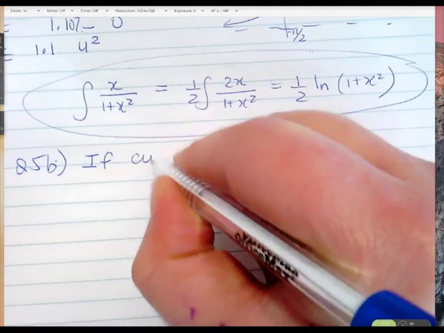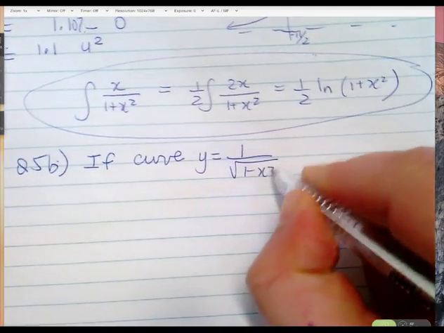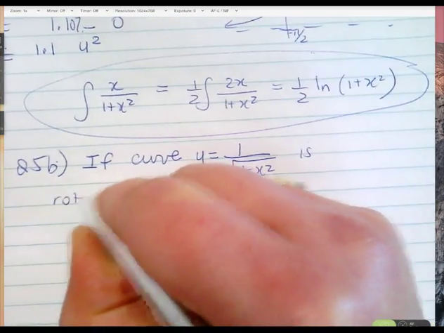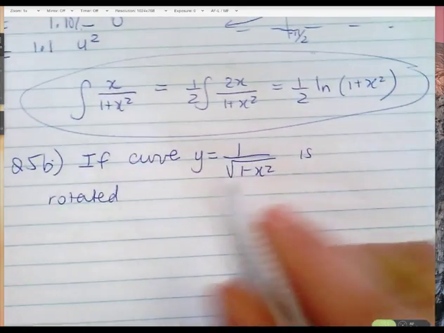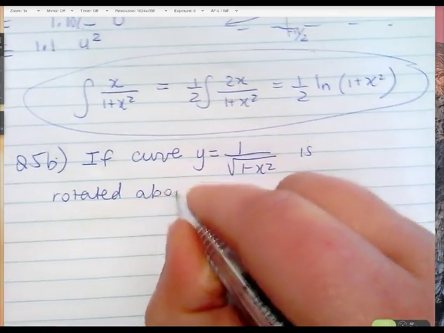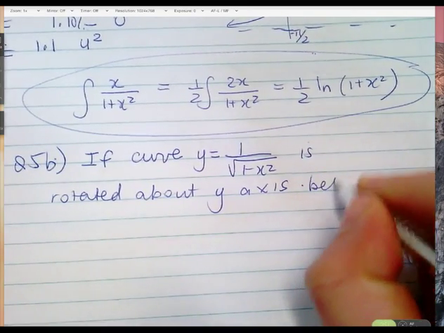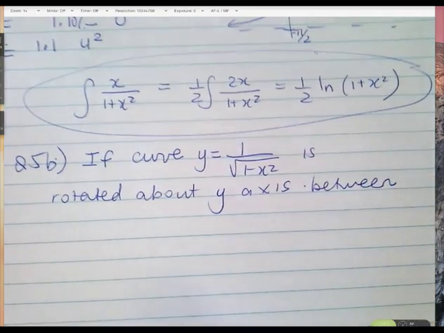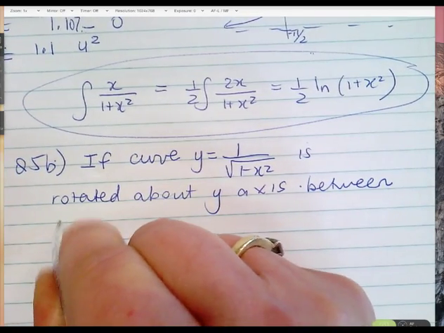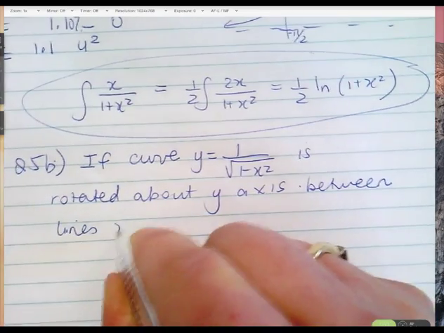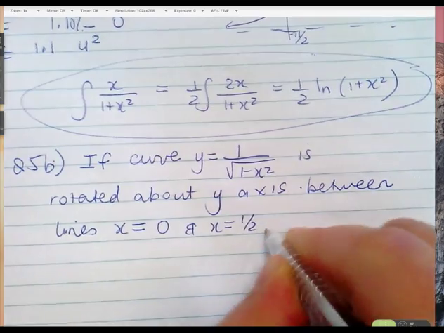If the curve y equals 1 over the square root of 1 minus x squared is rotated... so find, not if, can we put find the area? Oh, it doesn't matter. If that curve is rotated about the y-axis between the lines, I know this is going to seem weird, x equals 0 and x equals half.